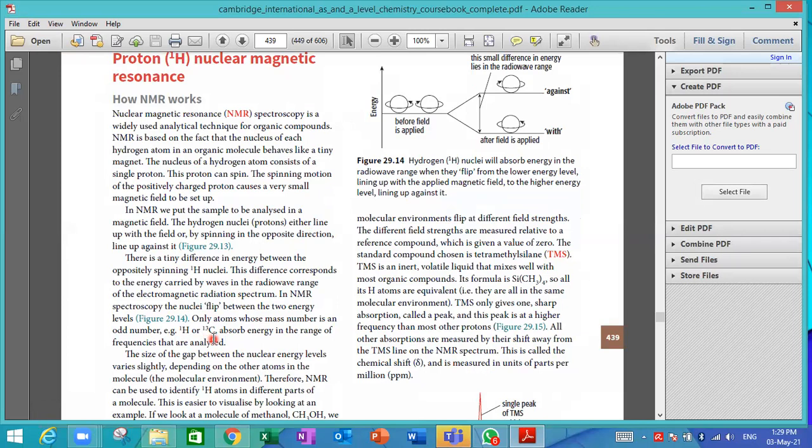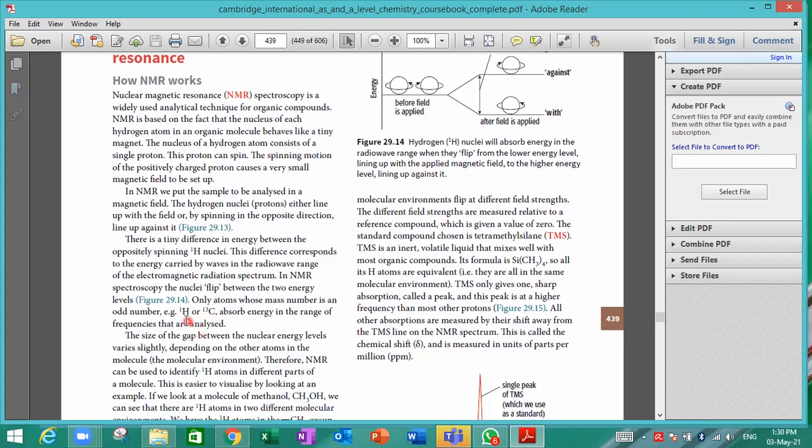Carbon-12 has 6 protons and 6 neutrons. But in the case of carbon-13, we have 6 protons and 7 neutrons, which means that only 1 neutron will be subjected to the NMR spectroscopy. We have an odd number of either protons or neutrons. So we are going to study the NMR spectrum of the protons and of carbon-13.